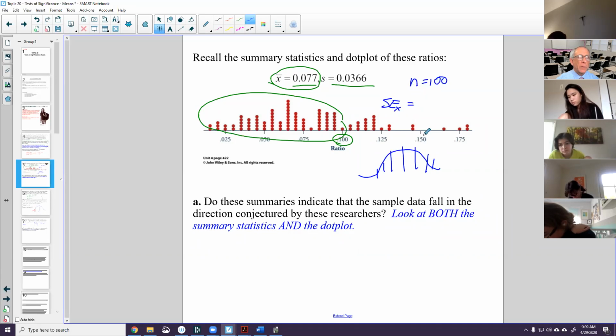Mm-hmm. Okay. So if I'm trying to find the standard error, which is kind of like the standard deviation, I will tell you right now that the denominator is going to be the square root of n. Right? What do you think the numerator is going to be? If I'm trying to find something related to standard deviation, what's going to be the numerator?